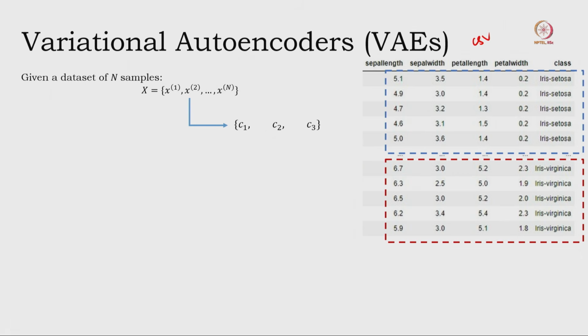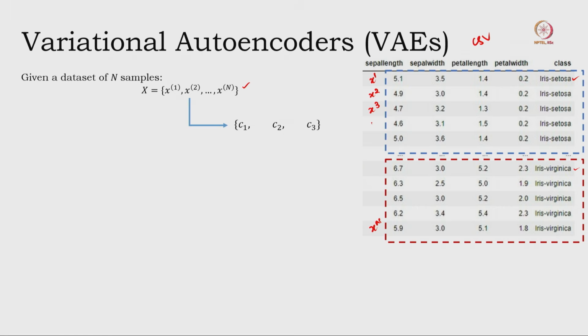So, how do you represent the first sample? This is the first sample, this is the second sample, third sample, and so on up to n samples. That is what is being written here. If you look into this dataset, among all of these samples, there are three different classes. It is the iris dataset. One is Setosa, then we have Virginica, and we have Versicolor also.